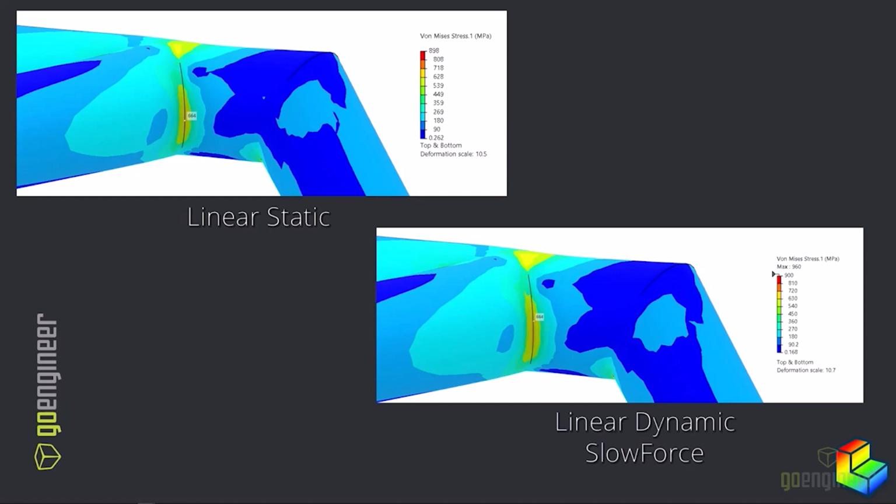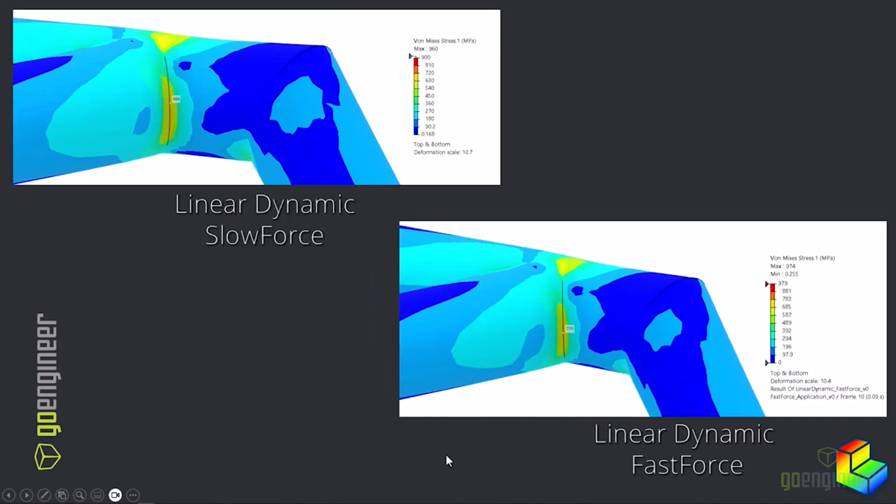So as you can see in each picture, there's 664 here for that study and 664 here. But if we look at both the slow and the fast force stress plots in the tensile style loaded area, we see that they are somewhat far off from each other.